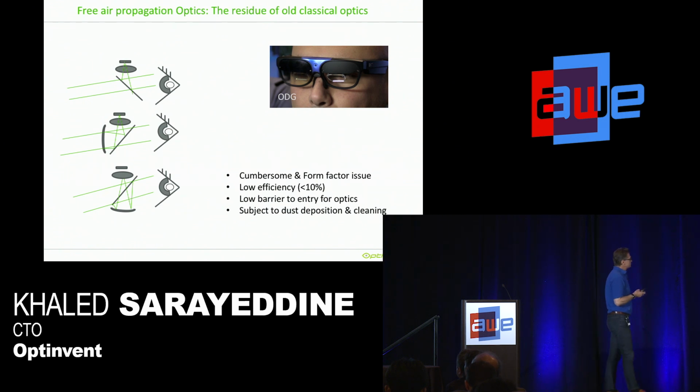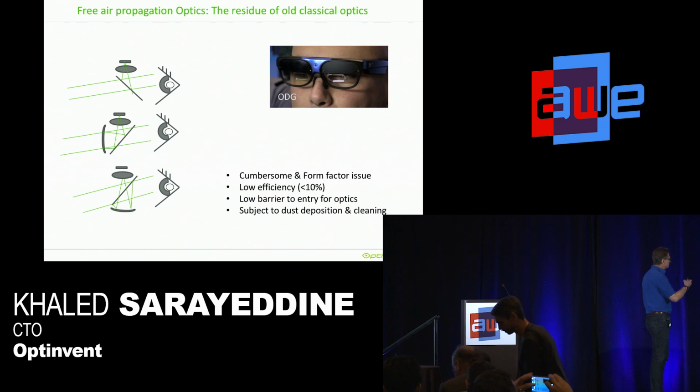I start with what we call free air optics. For me, it's a residue of old classical optics. On the left, you have a scheme of the optical system. It's very simple. It's an assembly of either a flat mirror at 45 degrees, or a flat mirror with a curved mirror.